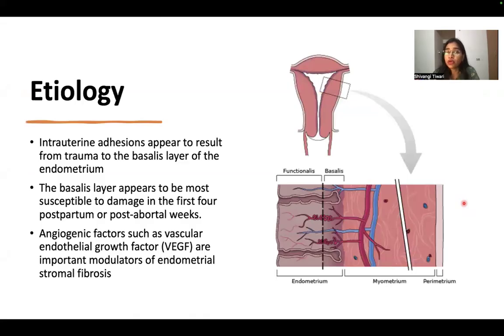Now, if we talk about its etiology, see, uterine layers. From outside to inside, they are perimetrium, then myometrium, then endometrium. Endometrium has two layers, basalis, then functionalis.